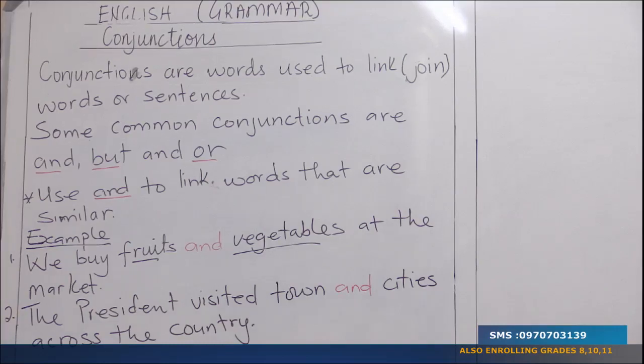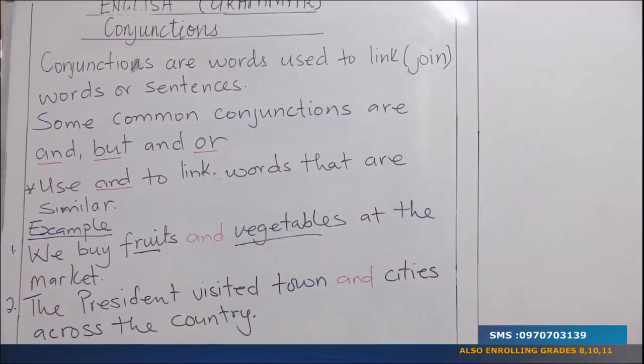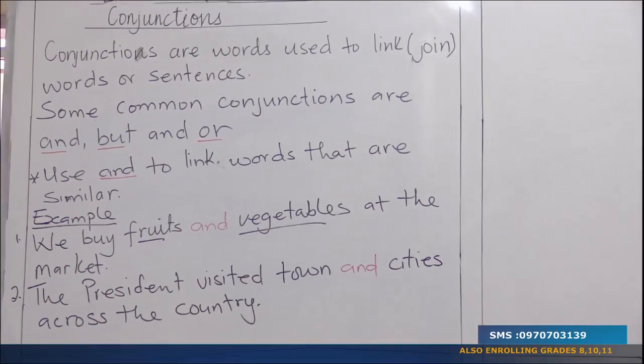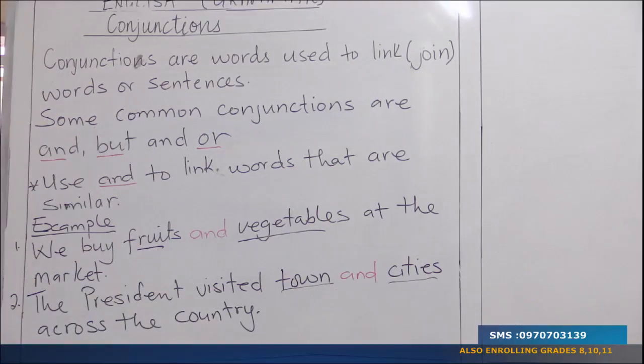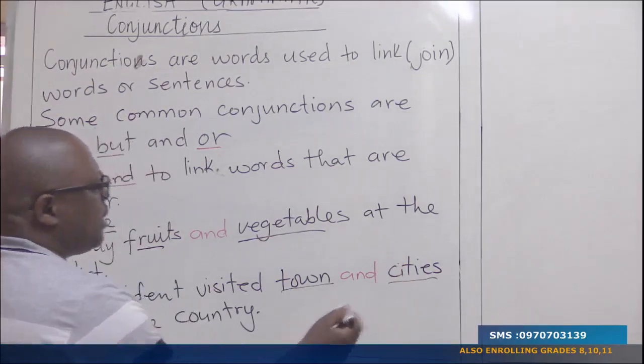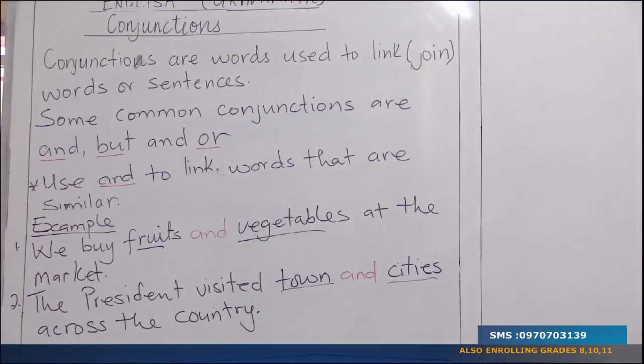Okay, the president visited towns and cities across the country. So the words town and city, these are similar. Okay, a town and a city, there's some similarity there. That's why we're saying that we use and to link words that are similar.